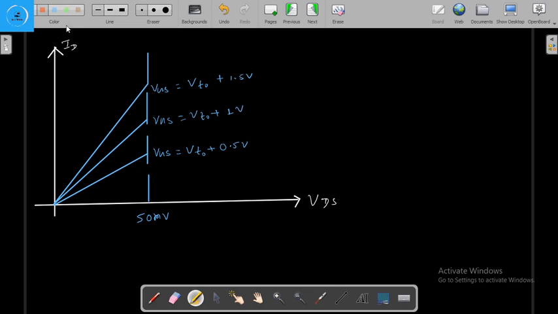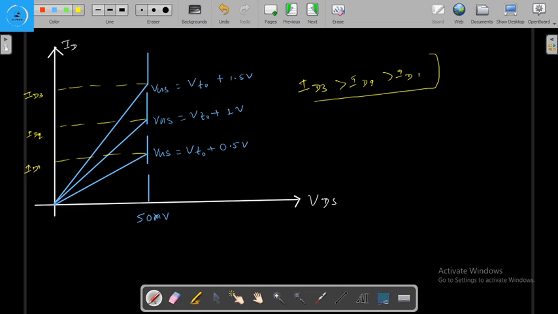And we can see also here, this is ID3, this is ID2, this is ID1. Here we can say ID3 is greater than ID2, which is greater than ID1, right.